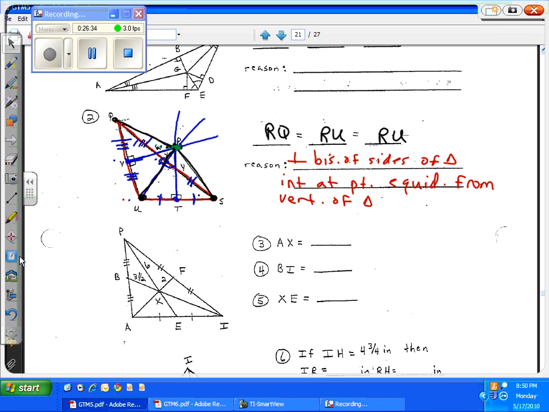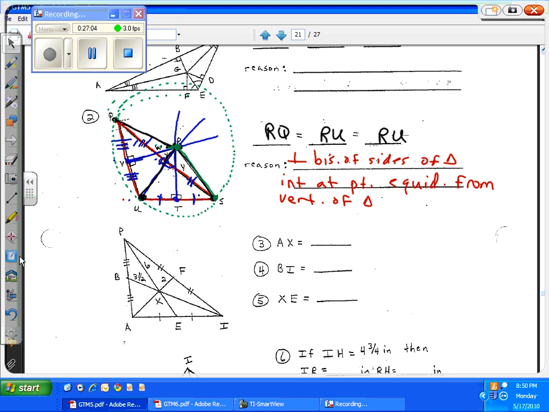Now, if we used that point of concurrency as the center of a circle, and we used one of those segments as a radius, then we could circumscribe a circle about that triangle.